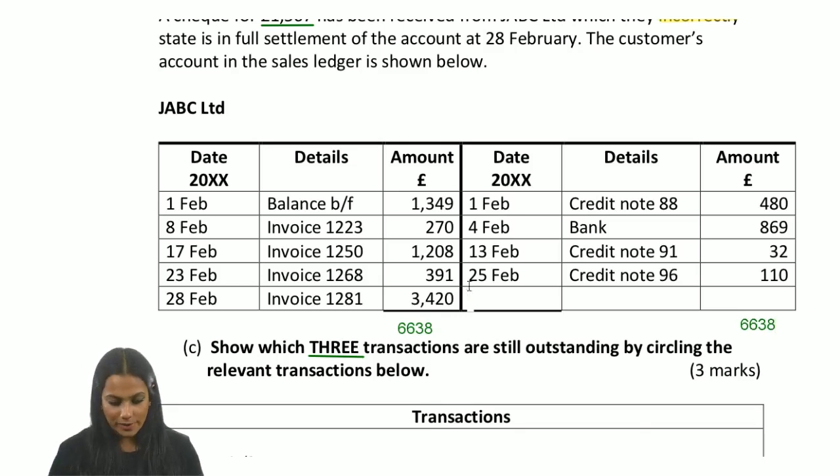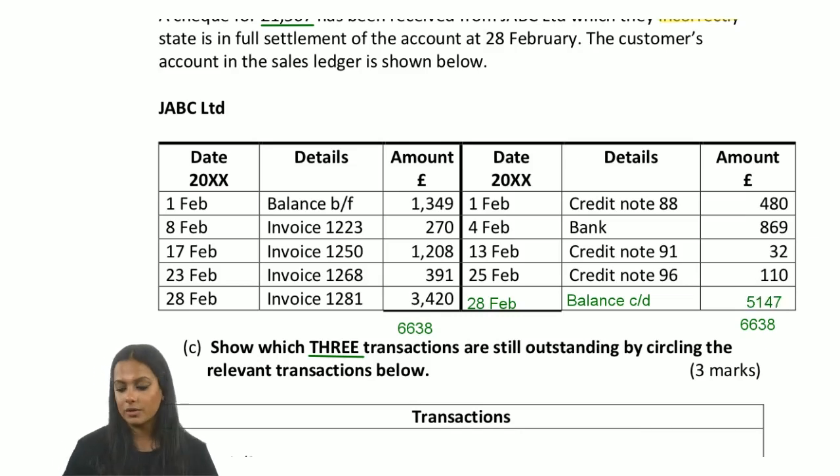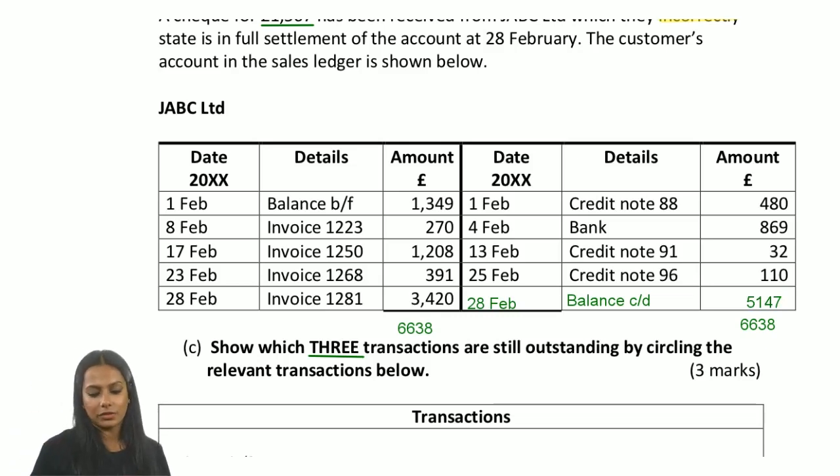So as at the 28th of February, we have a balance carried down of how much? You do 6638, take away the total from the credit side, and that will give me 5147. So as at the 28th of February, the customer owes me 5147. But the customer paid me £15.67, so clearly they owe me a little bit less.